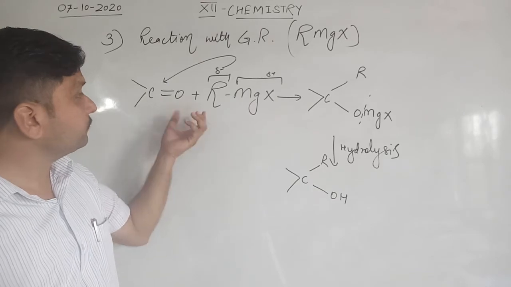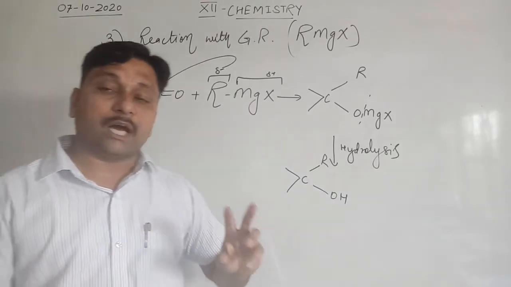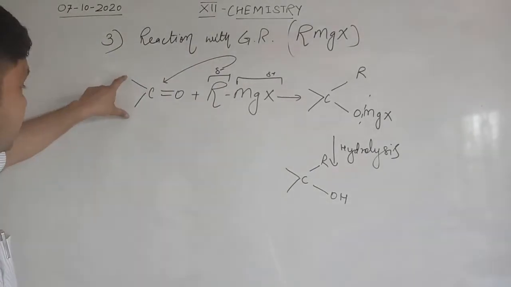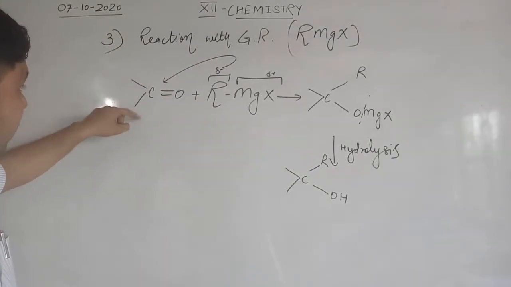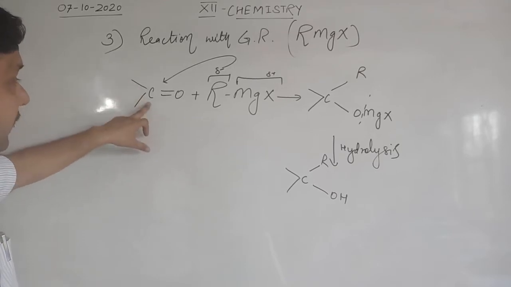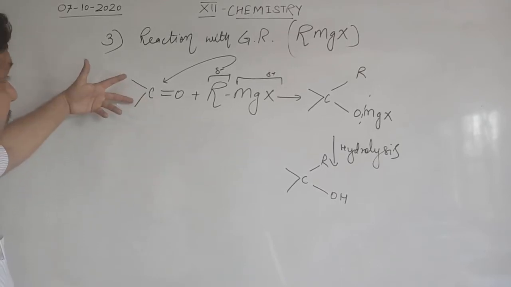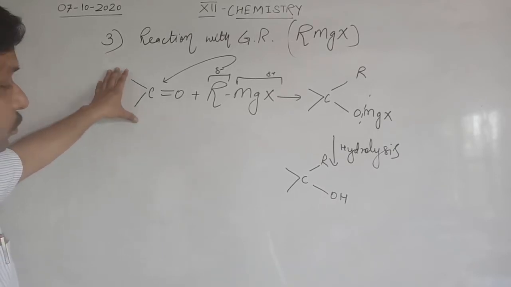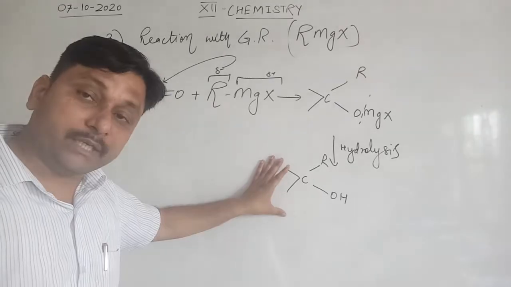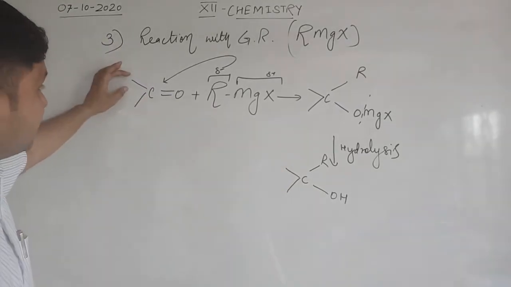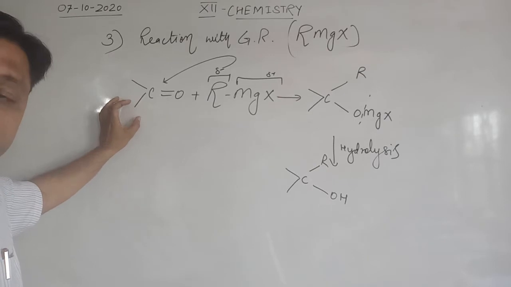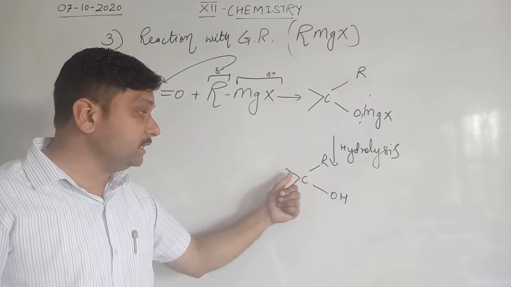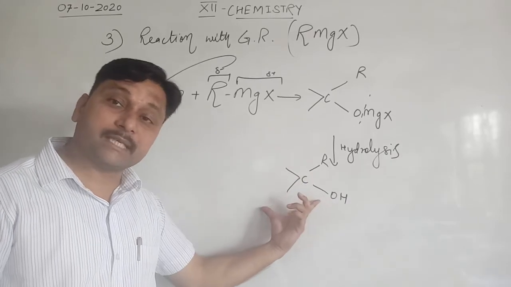Now, if we talk about this carbonyl group, the carbonyl group may be an aldehyde or a ketone. So it depends on the valencies present on the carbon atom. Clear? So if two valencies are satisfied by R, meaning ketones, then it will form a tertiary alcohol. If one valency is satisfied by R and one valency by hydrogen, that is an aldehyde, there will be formation of RCHROH, meaning a secondary alcohol.